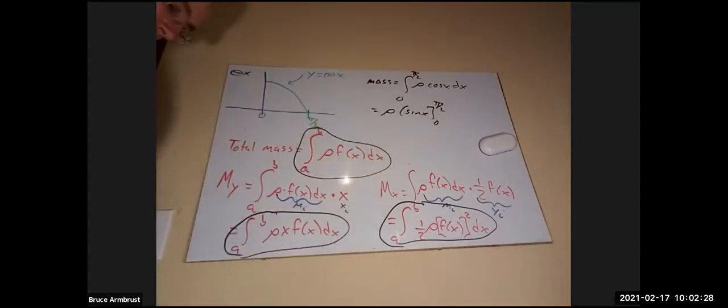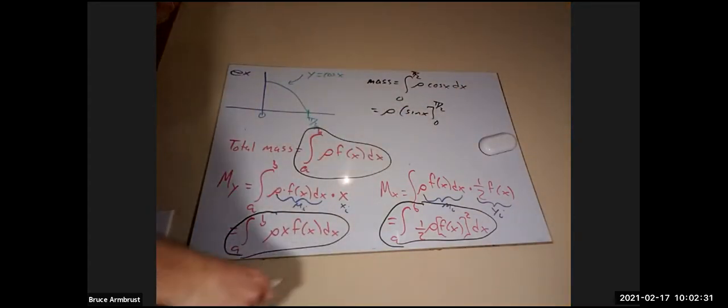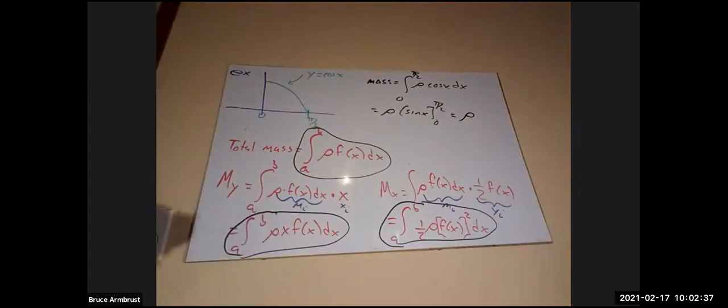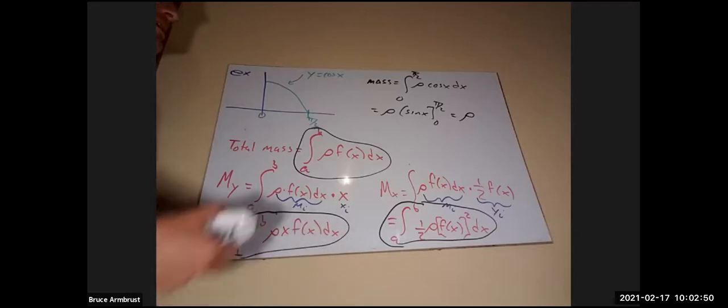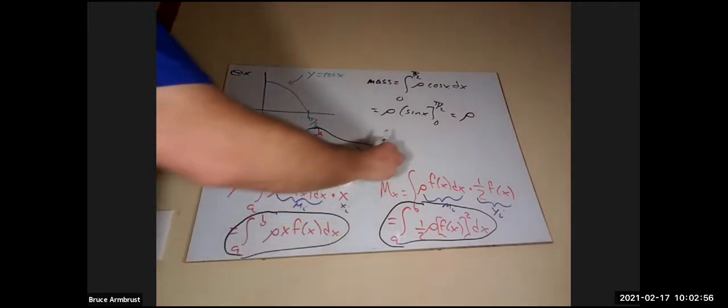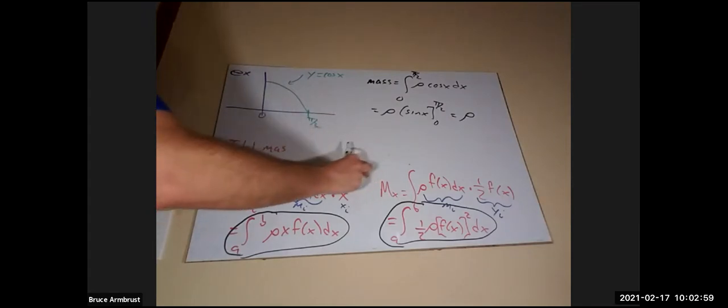The sine at pi over 2 is 1, and the sine at 0 is 0. So we just get rho. The mass of that thing is just rho. Whatever the density is, that's going to be its mass. That was because the area of that thing is 1. All right, so there goes mass, so I can erase that.